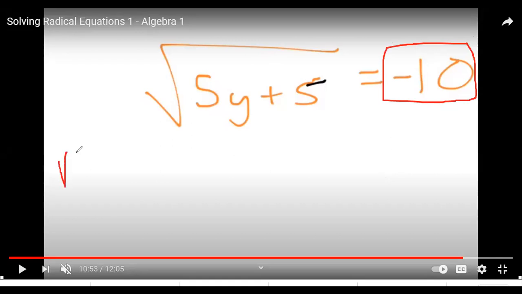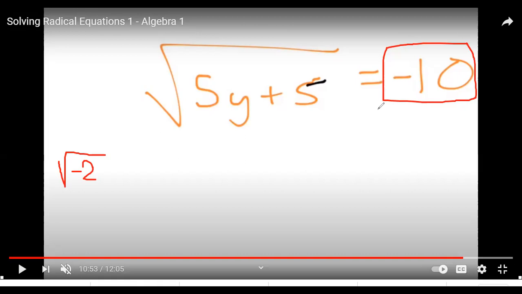If I ask you for the square root of -2, can you find two numbers that multiplied together give -2? No, this is meaningless. So it's impossible to have an equation with a square root equal to a negative number. So in this question, the answer is no solution.